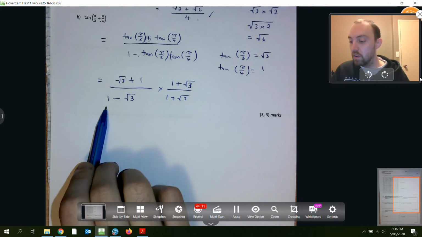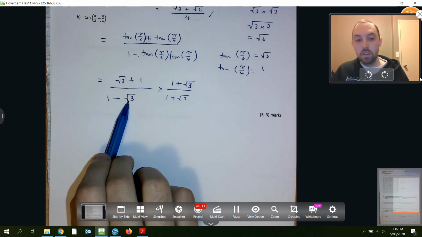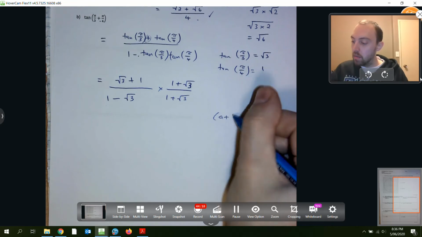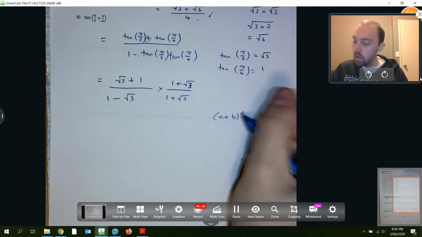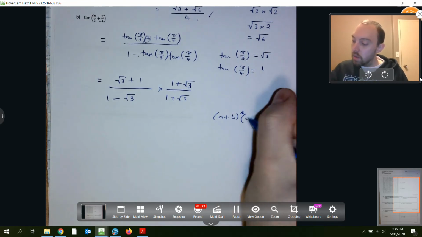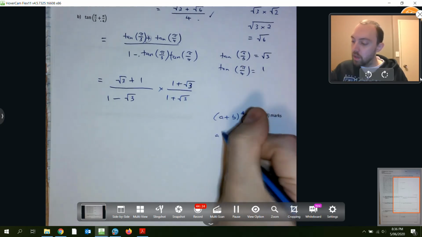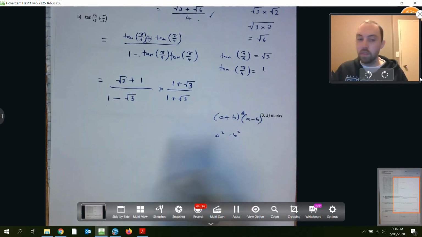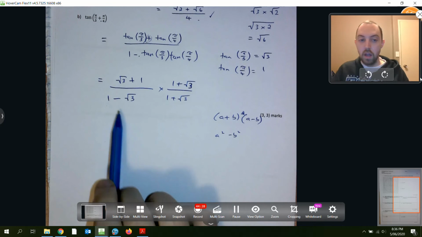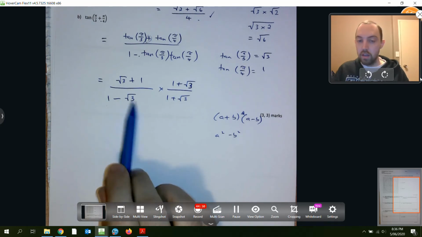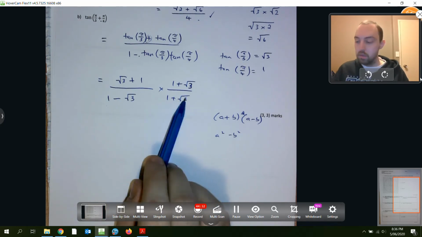And this works just like our difference of two squares. You square the first term and then you take the square of the second term. Because remember that a plus b times by a take b gives you a squared take b squared. Same pattern. A take b times by a plus b.